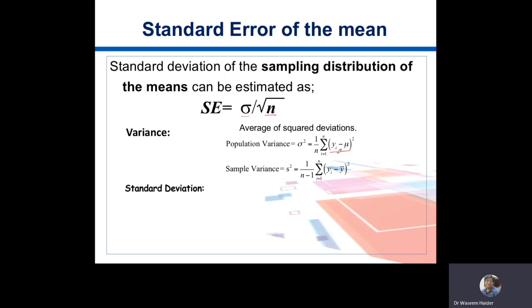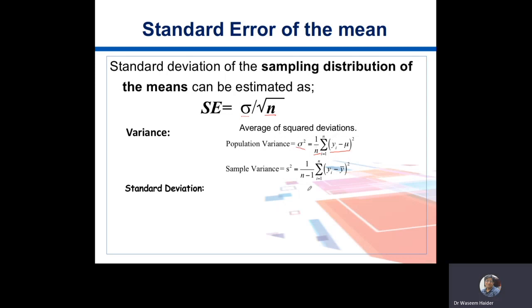That's why we got those squared deviations. We sum them up, and finally we get the sum of those squared deviations. We divide it by the sample size n, and the thing we get is the variance, sigma square. So that is the average of squared deviations.